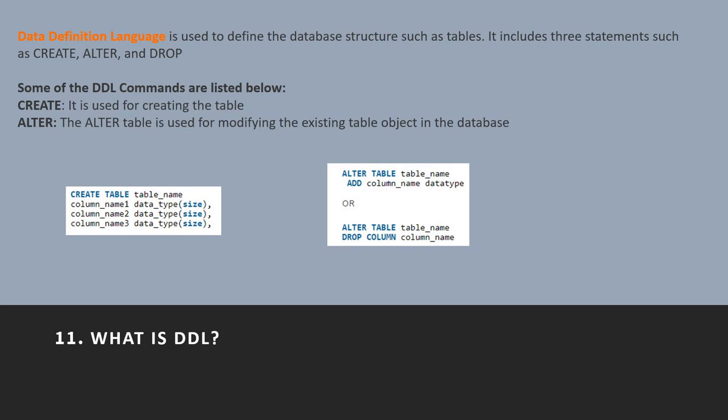Create, it is used for creating the table. Alter, alter table is used for modifying the existing table object in the database. I have given the syntax for create and alter DDL commands.